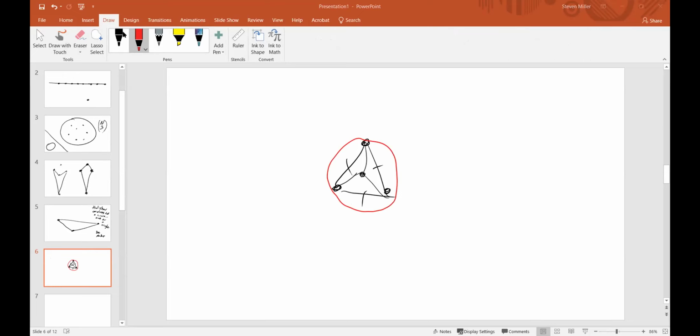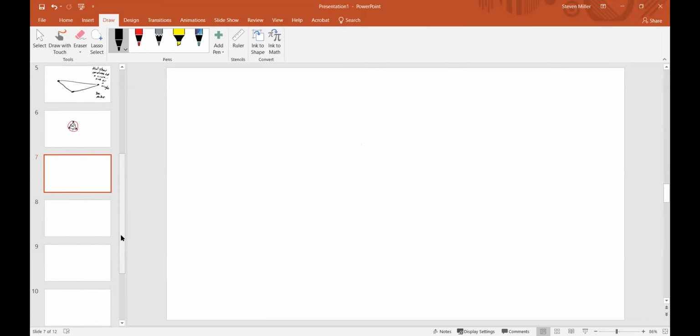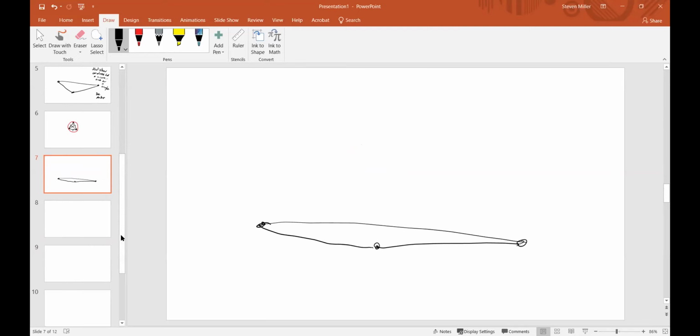So I could look at maybe a very different type of triangle. So there was the question about a degenerate triangle. We're not allowing a degenerate triangle. But what if we had an almost degenerate triangle? With a really small angle like that. I'll draw it a little bit better.